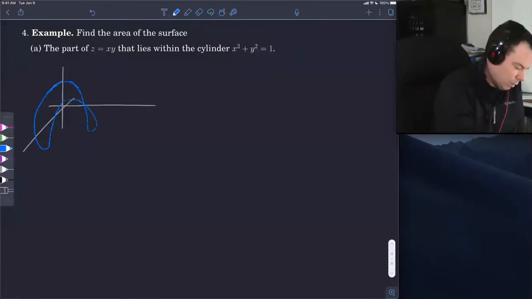So maybe something like this, and then we've got some sort of lower portion to it. I'll sketch some lines in here to see what it looks like, some lines that indicate how this thing is looking. It's like a saddle, with a high front and a high back.